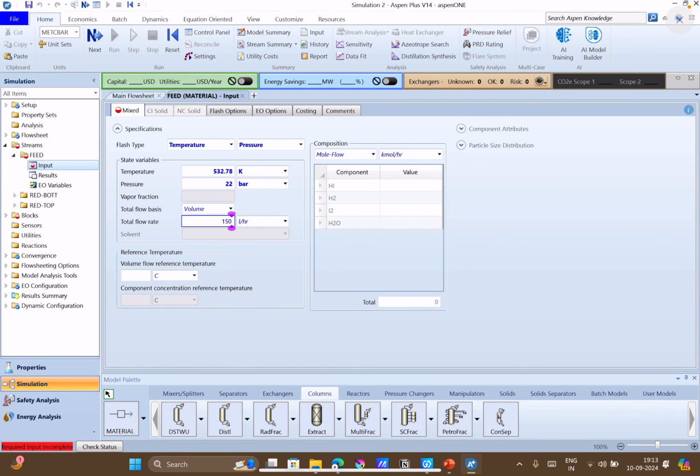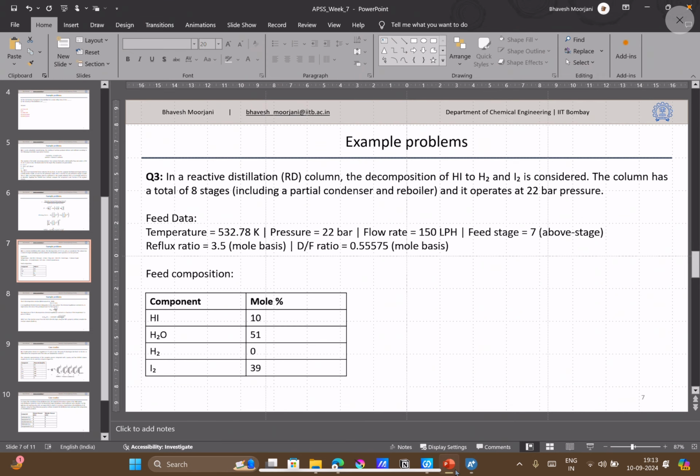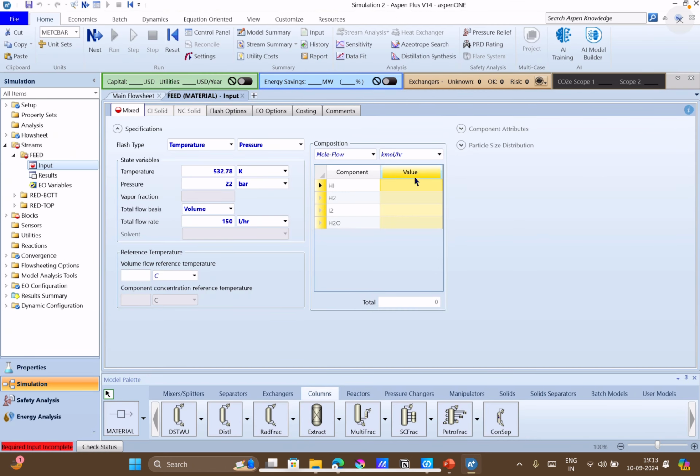So HI 0.1, not percentage, H2O 0.51 and I2 0.39, while hydrogen is 0 in the feed. Okay. Do next.